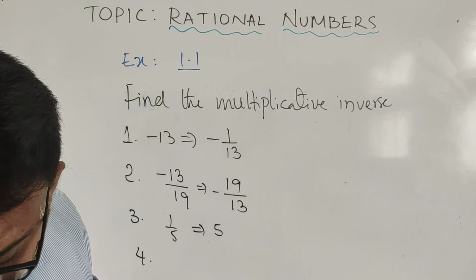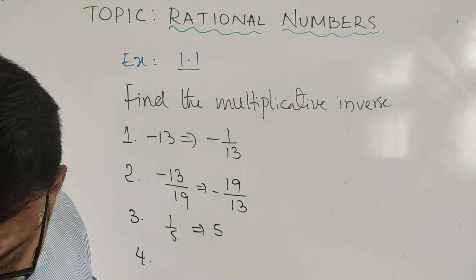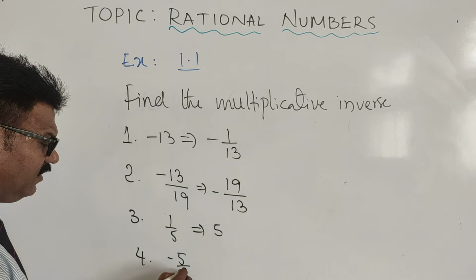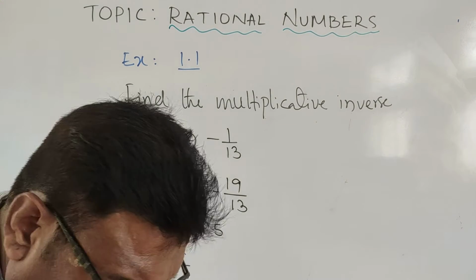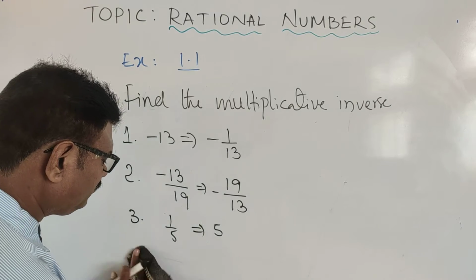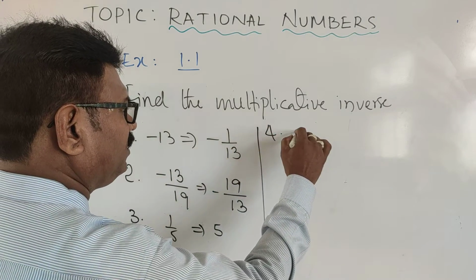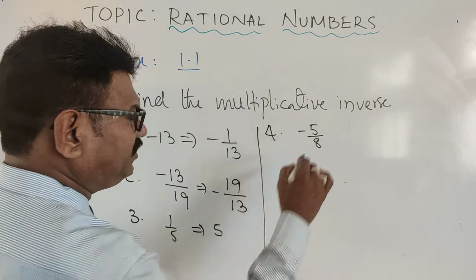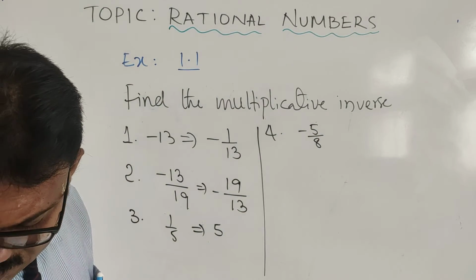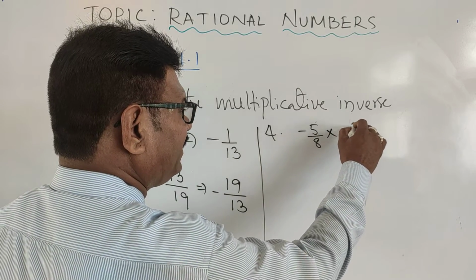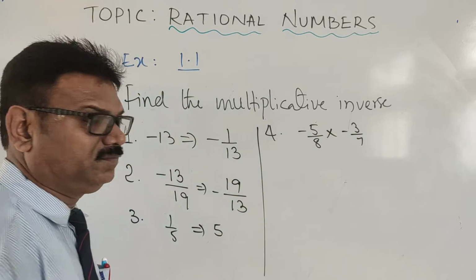One more question. Minus 5 by 8 into minus 3 by 7.